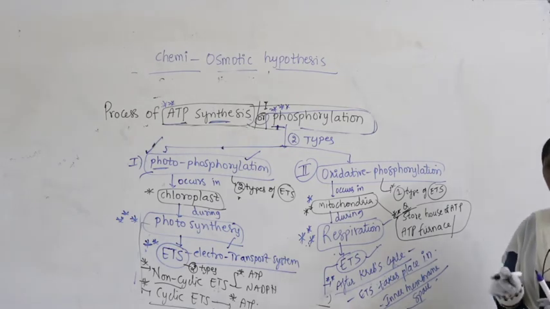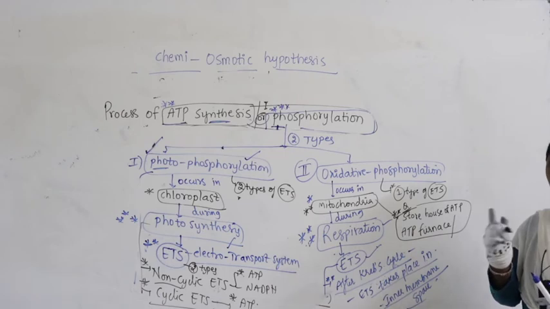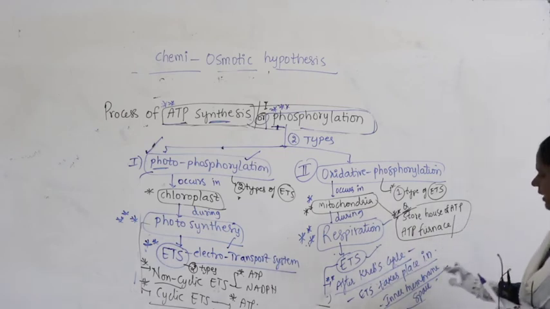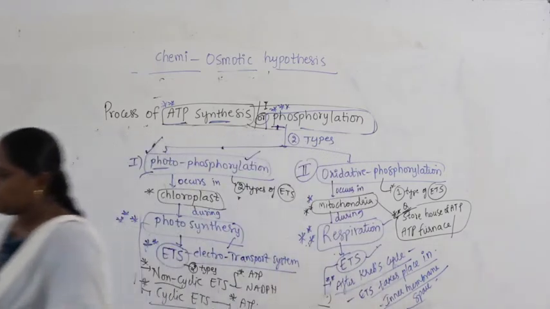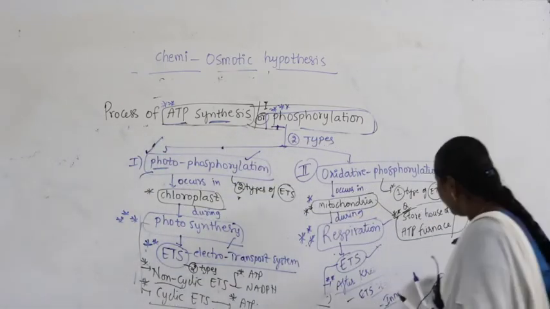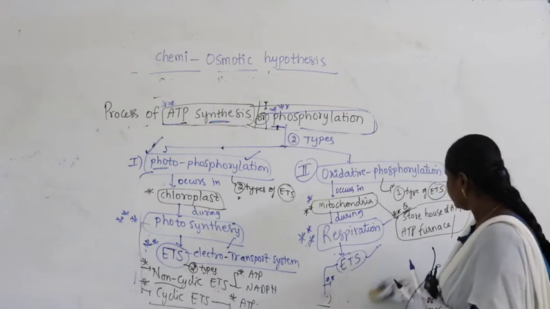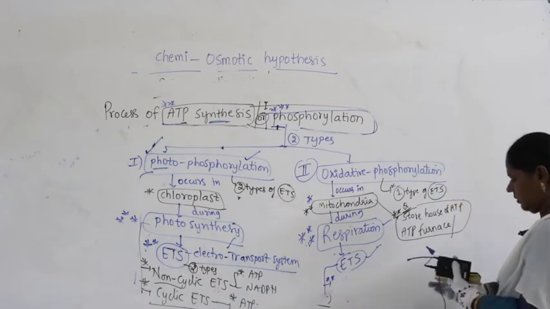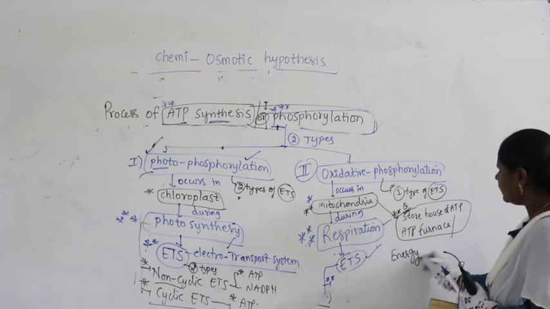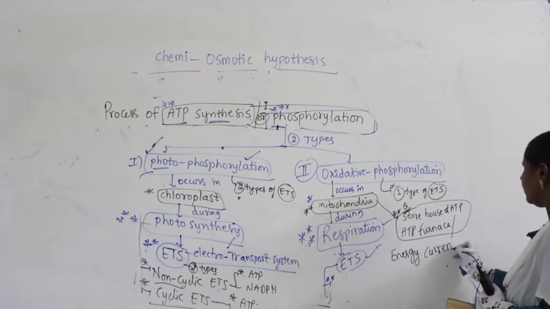Can you recollect it from first year cytology? Mitochondria is also called the energy currency of the cell.